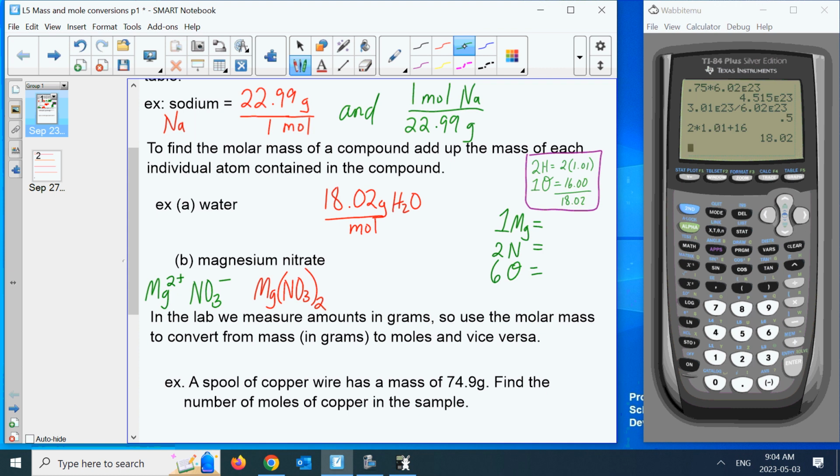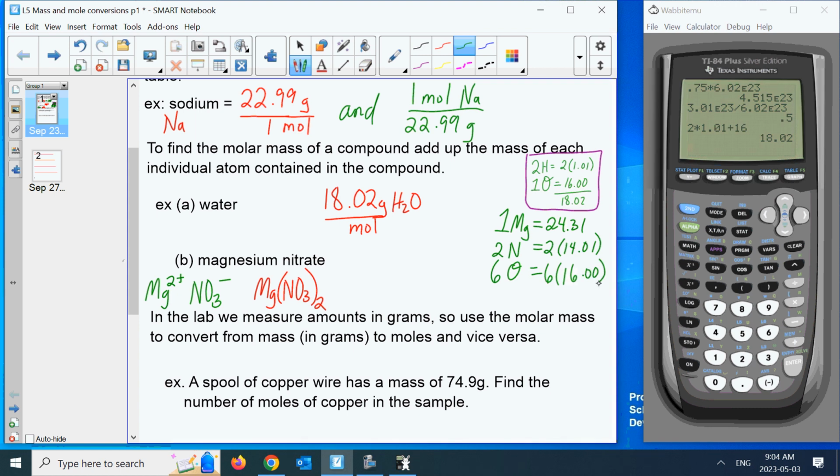So I look up 1 magnesium on the periodic table: 12, 24.31. 2 nitrogens, each 14.01, so I'm going to put down 2 times 14.01. And then 6 oxygens, that's 6 times 16.00.